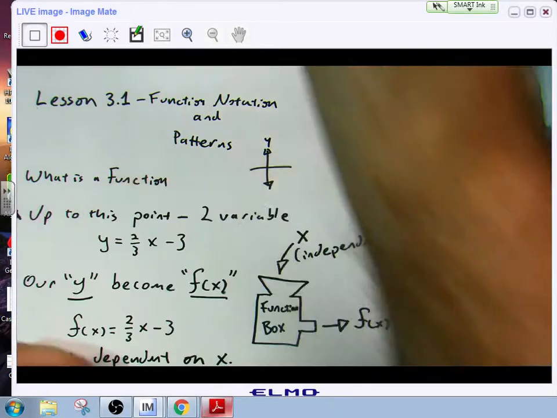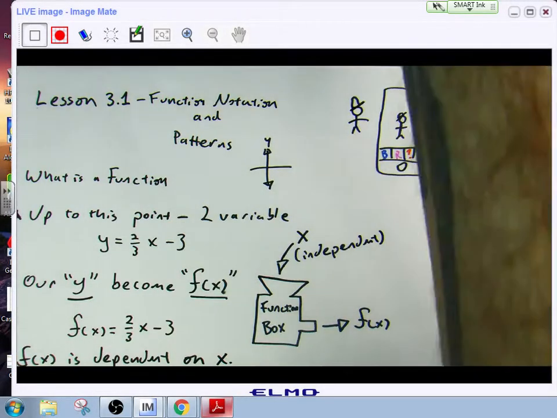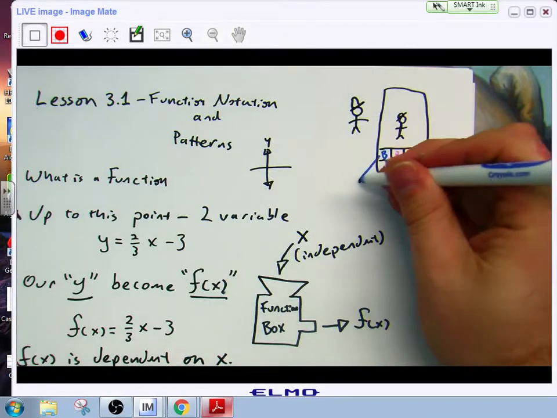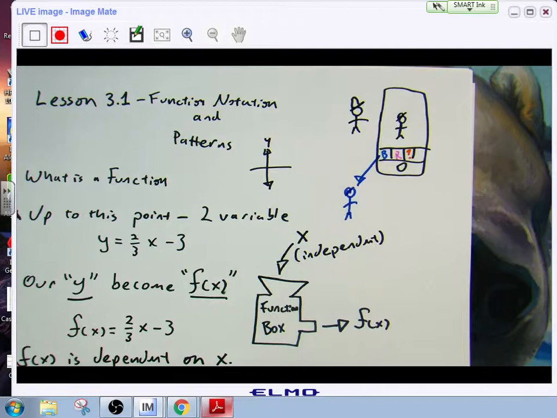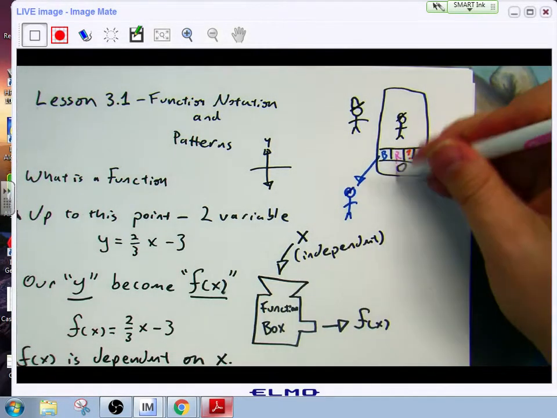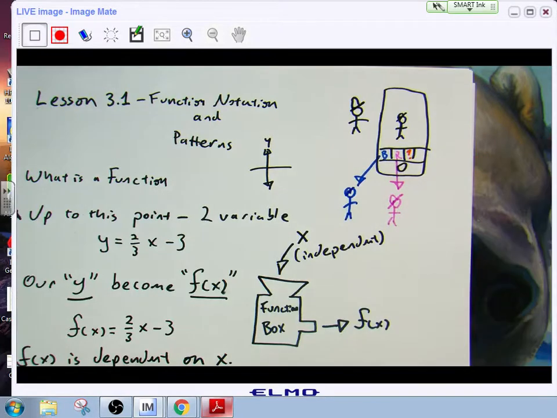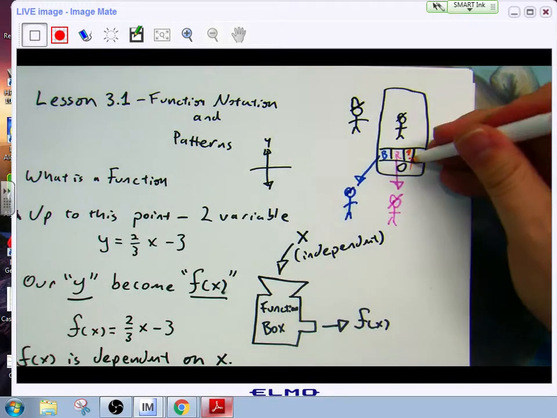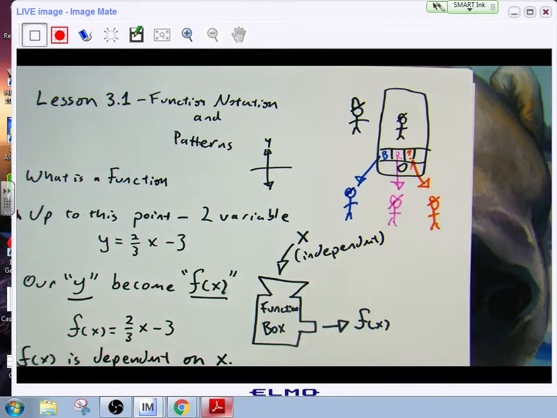If you do it in black and white, you get one picture. If you do it in reverse colors, you get another picture of me. If you do it in orange, or whatever this mystery one is, you get some other picture of me.